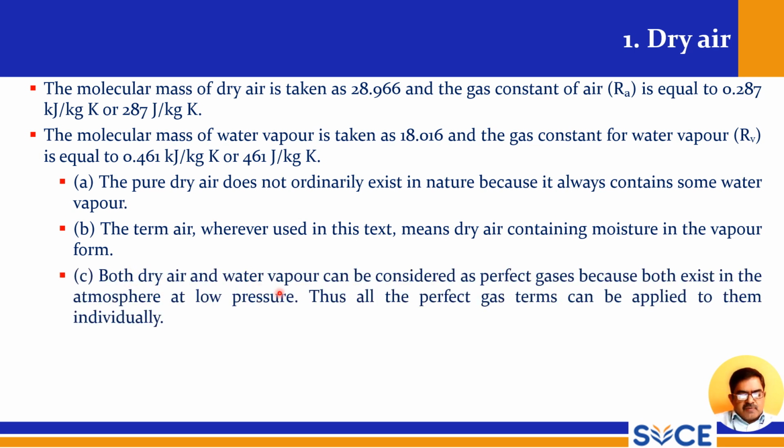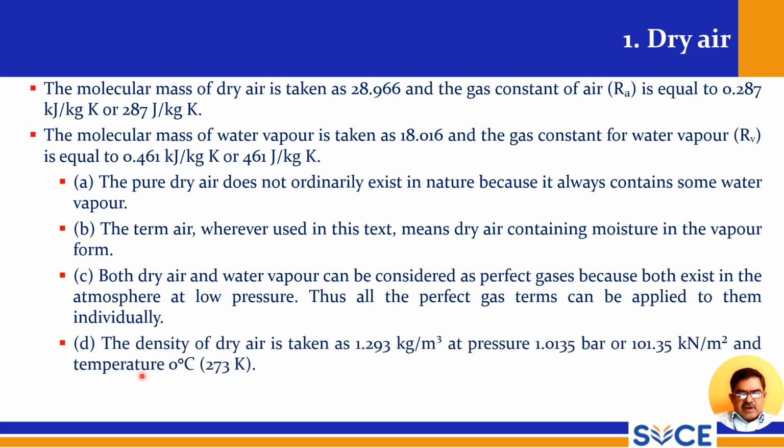Both dry air and water vapor can be considered as perfect gases, because both exist in the atmosphere at low pressure. Thus all the perfect gas terms can be applied to them individually.